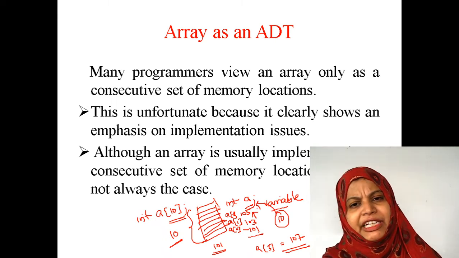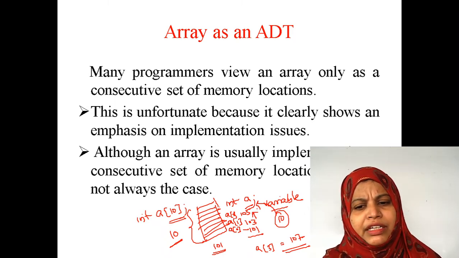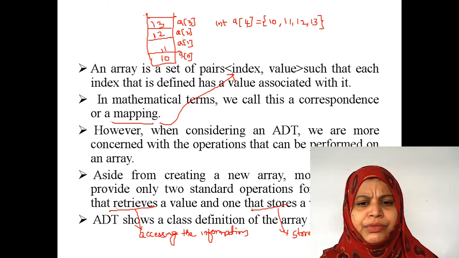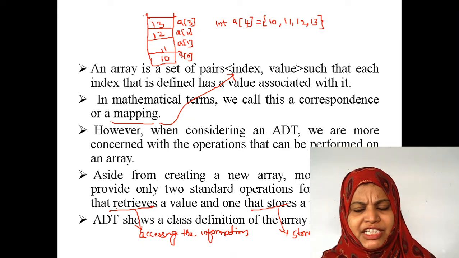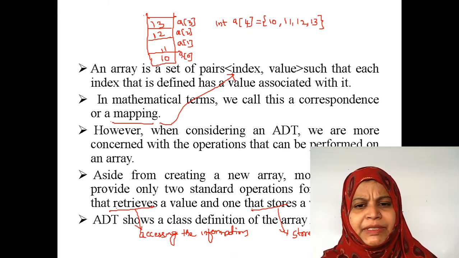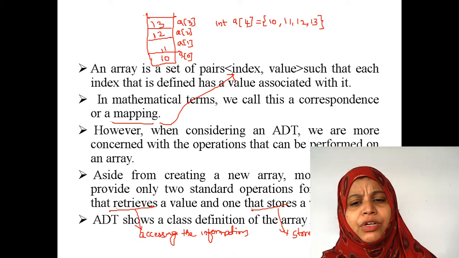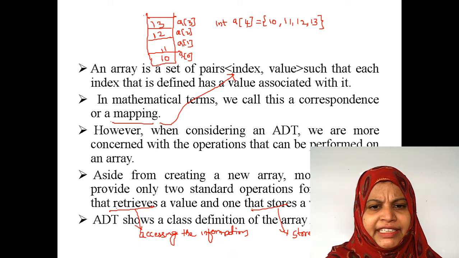Now we can implement the array in terms of ADT also. In this particular case, we are going to use the pair concept. In the pair concept, we are going to use index and value. Here index means it will give the array index, value means it is going to give the value of that particular index. See here, for example, my index is 1.